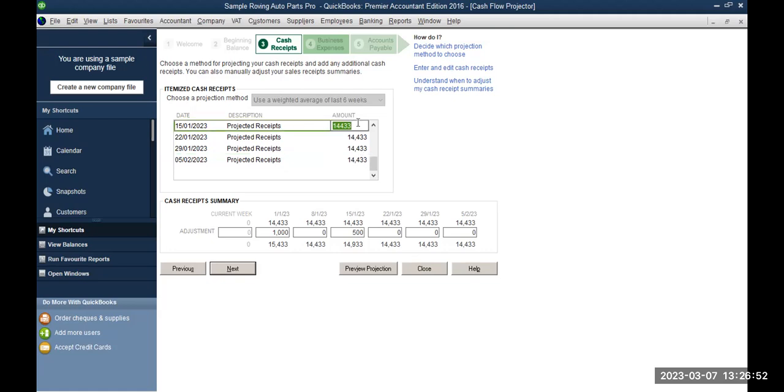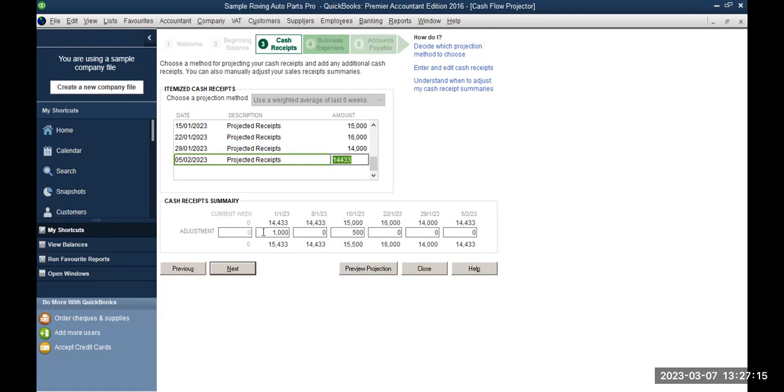But you can actually type in manually. If you don't want to use the weighted average, you can say I'm anticipating that in the next week I'm going to get $15,000. The following week I'm going to get $16,000. The other week maybe it may drop down to $14,000, and like that, okay? So that's how you can project.